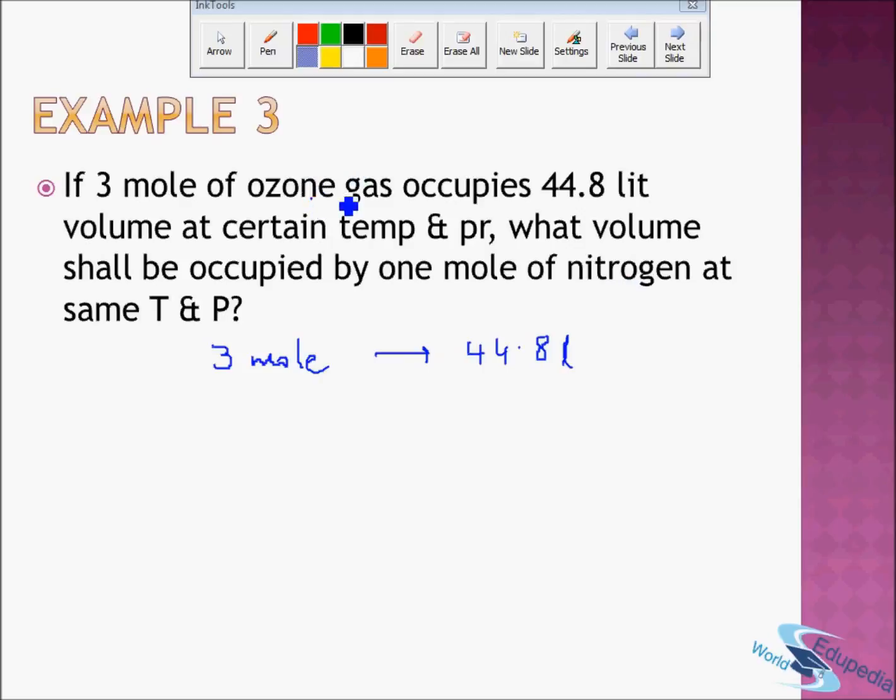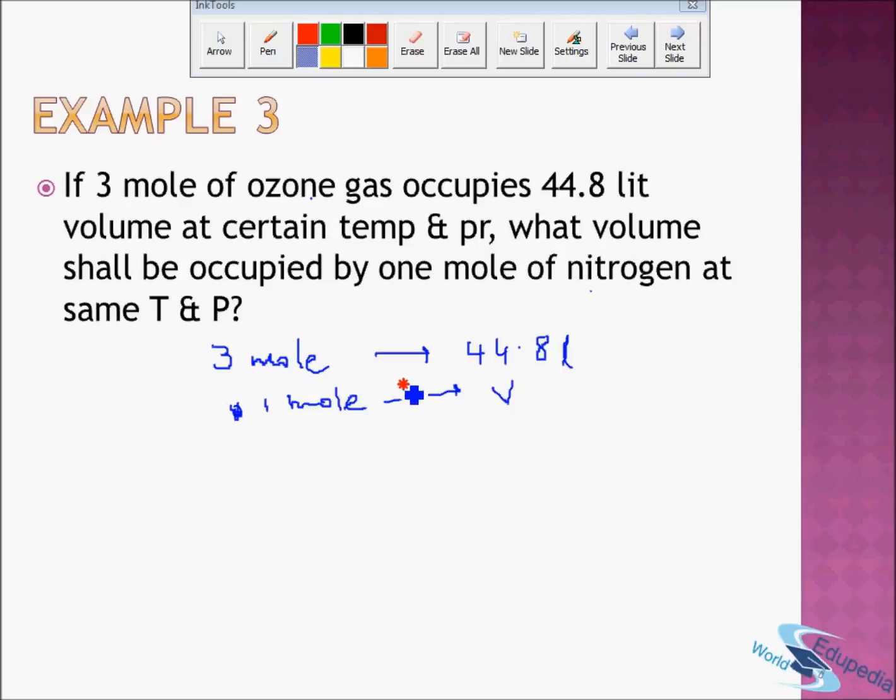So whether it is ozone or nitrogen, it doesn't matter as long as it is a gas. So now the question becomes that 3 mole of ideal gas occupies 44.8 liter. Then how much volume will be occupied by 1 mole of gas? This is what the question actually asked us to calculate. If 3 mole occupies this much volume, how much volume will be occupied by 1 mole?